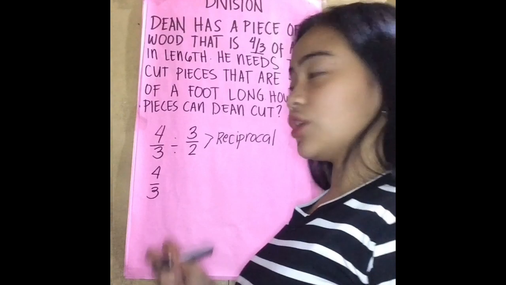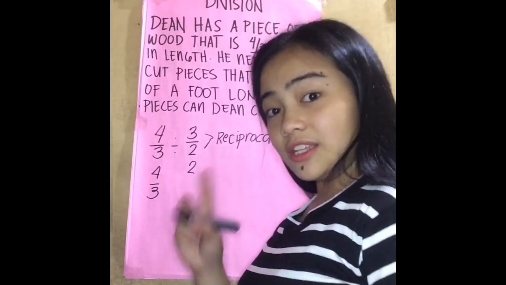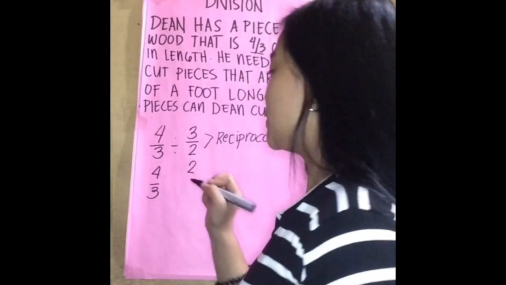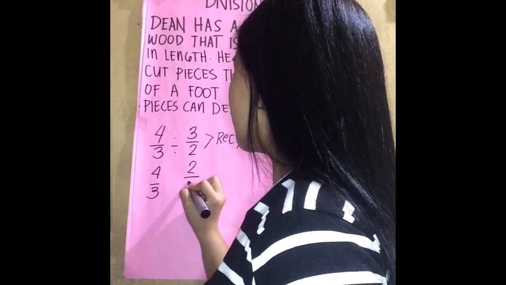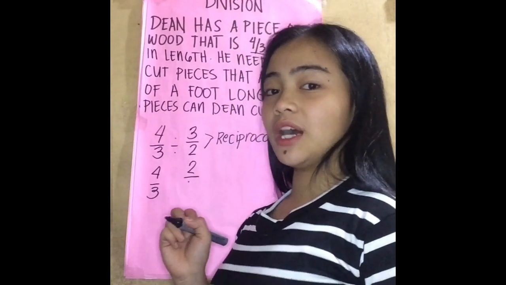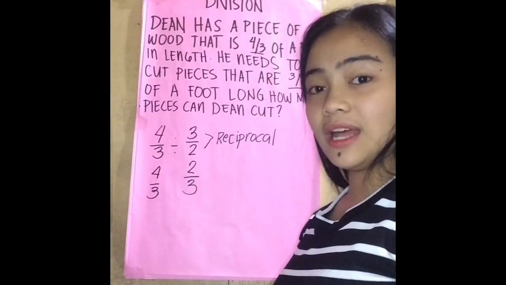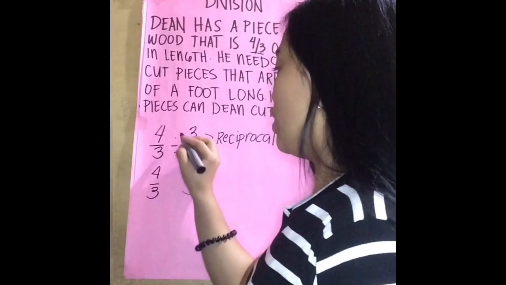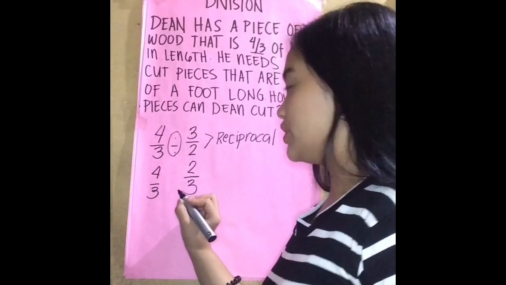So, the denominator comes to the numerator, and the numerator will become the denominator. So, that's it. The operation that we use, divide, will change into multiplication.